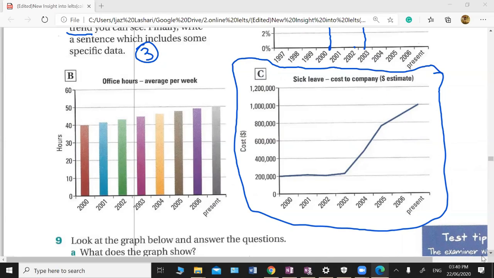But since then the figure has risen dramatically, hitting the peak of 1 million at present. It has reached about 1 million at present, which started from like 200,000.